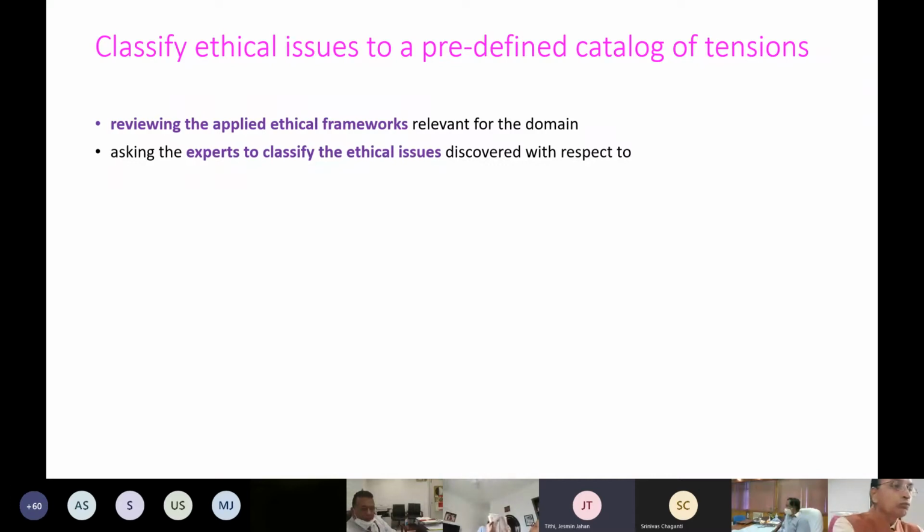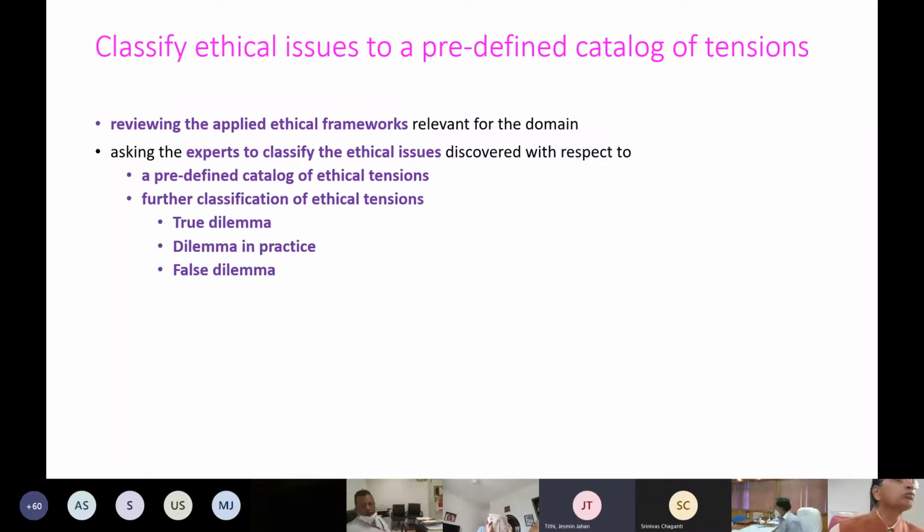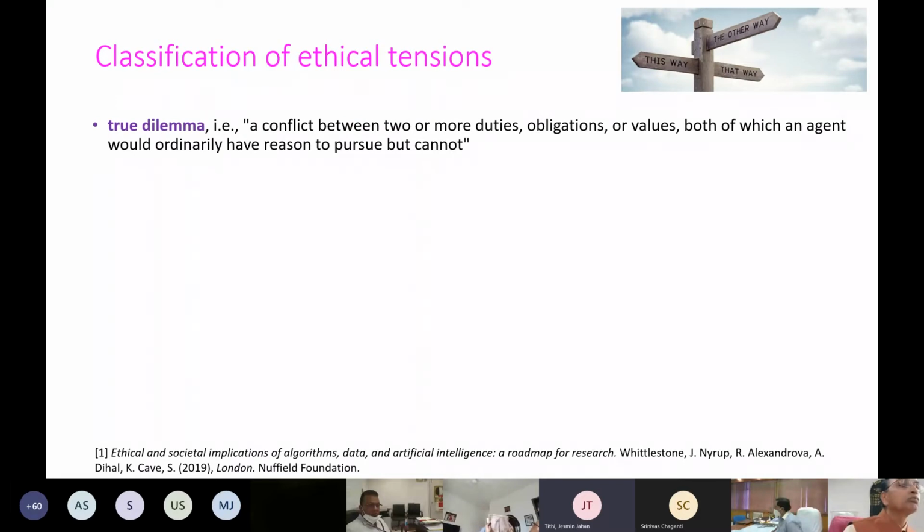And then we also ask the experts to classify those ethical issues with respect to that predefined catalog of ethical tensions and further classify them as true dilemma, dilemma in practice, or false dilemma, where true dilemma means a conflict between two or more values exists, both of which an agent would ordinarily have reason to pursue, but they cannot, because you cannot have both.